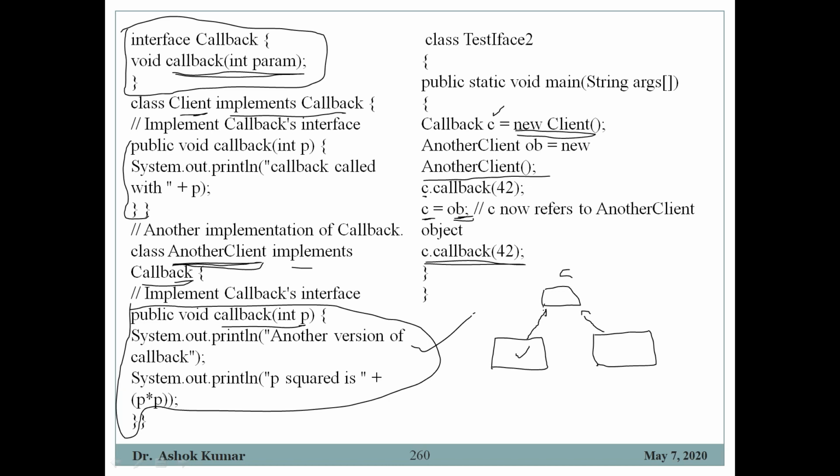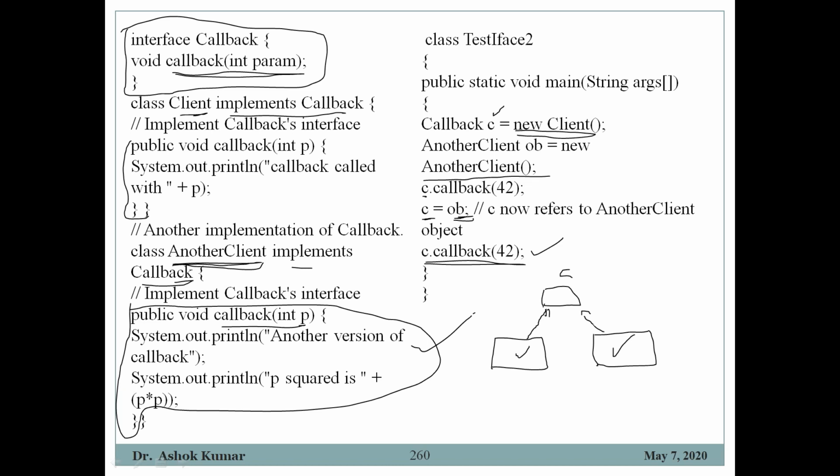If the reference of the second object is in C, and if you write the statement c.callback, then it will invoke the method of the second class. So here it performs a dynamic dispatch of the method at runtime. If the reference of interface type is referring to the first class, the method of the first class will be called.